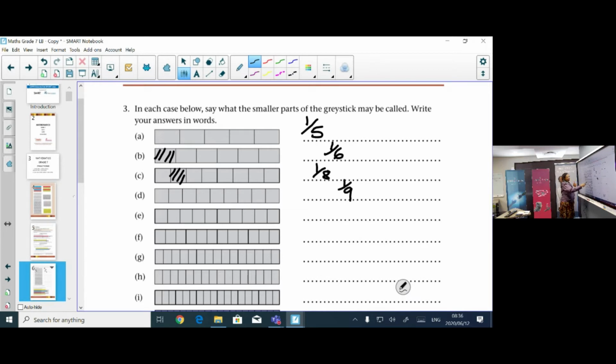Then 1 to 10. It's starting to be fun because we're just counting and writing the numbers. 1 to 12, so 1 over 12. Then 1 to 15, so 1 over 15.